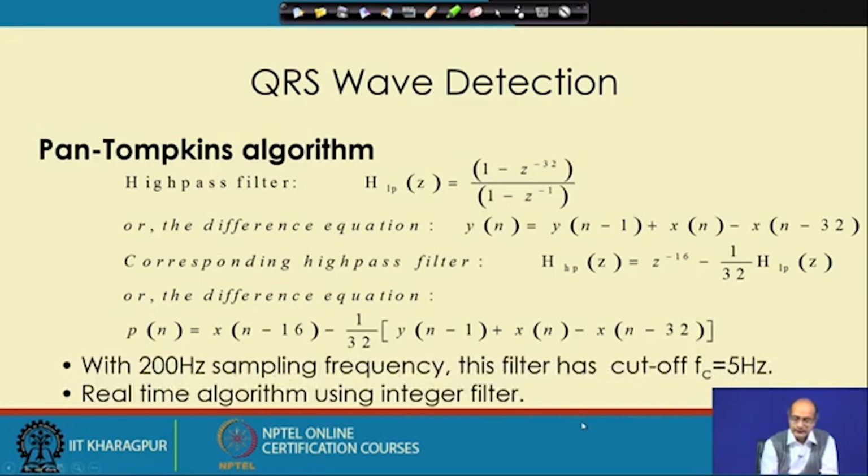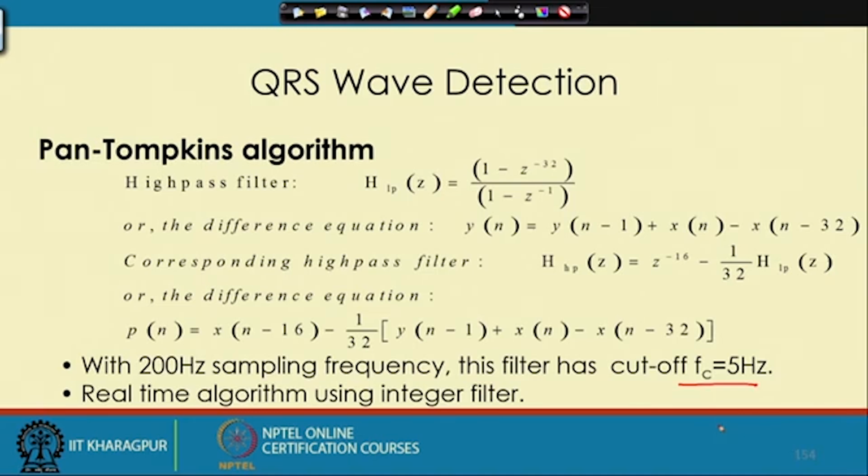Okay. And for this, if we look at the cutoff frequency, the low cutoff frequency is 5 hertz. So, now the signal is actually restricted in between 5 hertz to 11 hertz, only that part of the signal is preserved.